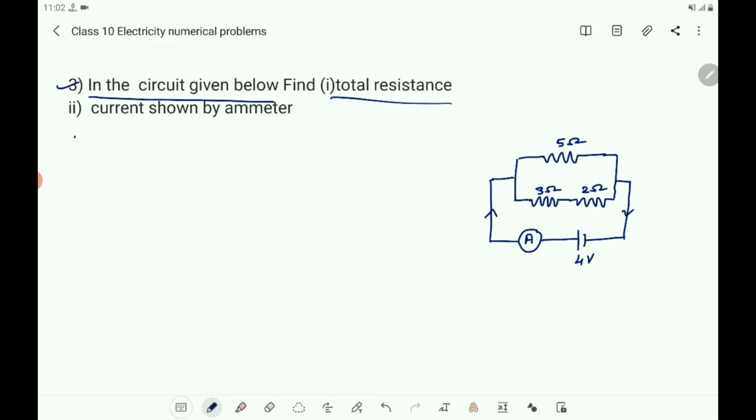The resistances of 3 ohm and 2 ohm are in series.